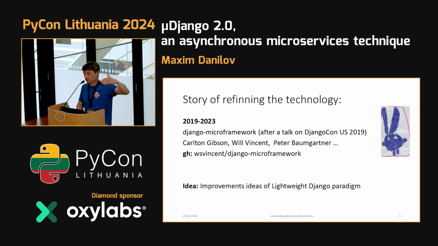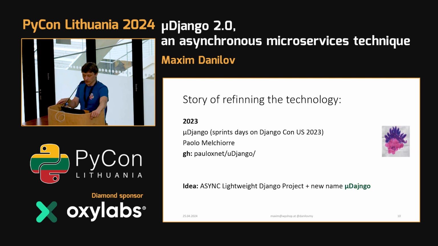Of course, with new Django versions some things can change. After DjangoCon 2023, Paolo Melchiorre presented a new name, µDjango, and he also offered an idea of how we can start it with the async protocol.